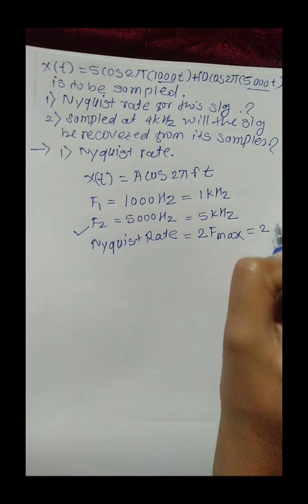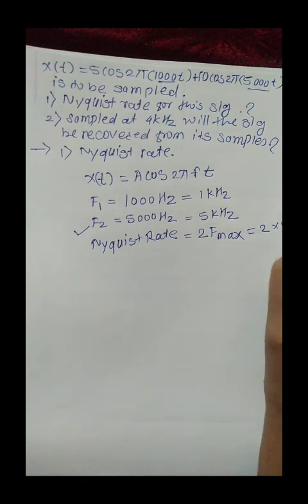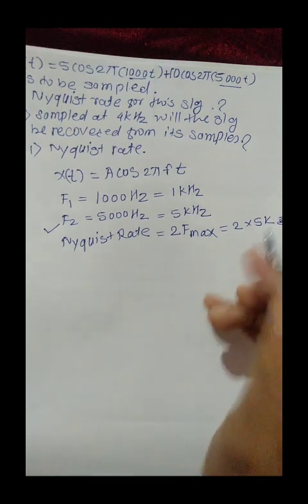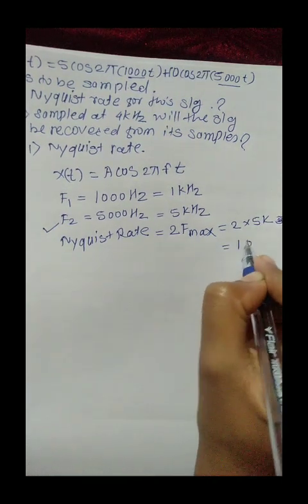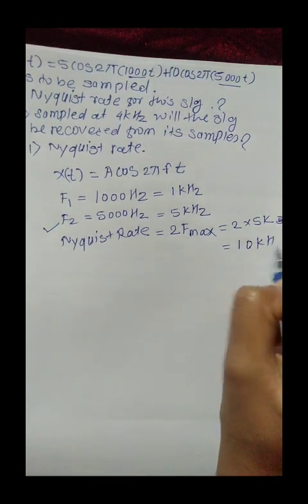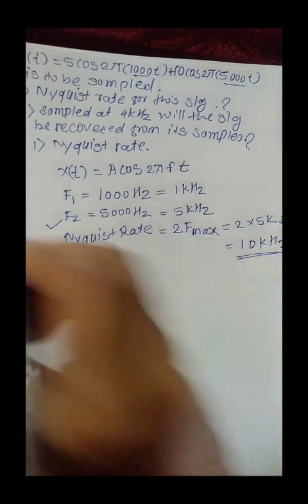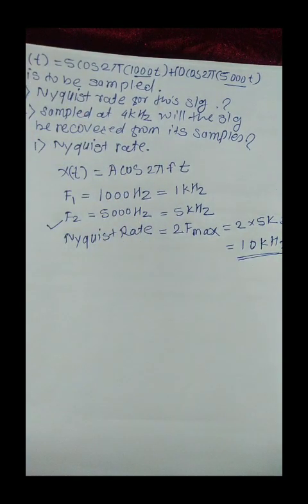Therefore 2 into 5k is equal to 10 kilohertz. This is our first question, the Nyquist rate. Then the second question is: if sampled at 4 kilohertz, will the signal be recovered from its samples?